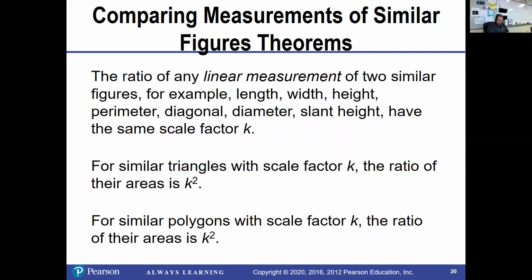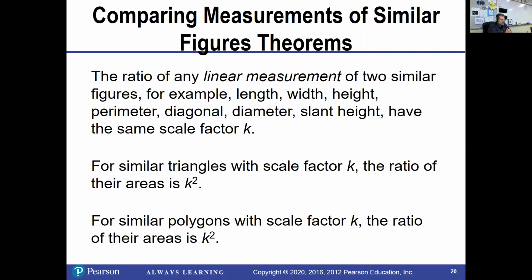All right, now, we've done this before. When I figure out the ratios using scale factor, if I have a linear measurement, like length, width, height, perimeter, diagonal, diameter, slant height, these are all linear. Their scale factors are k.